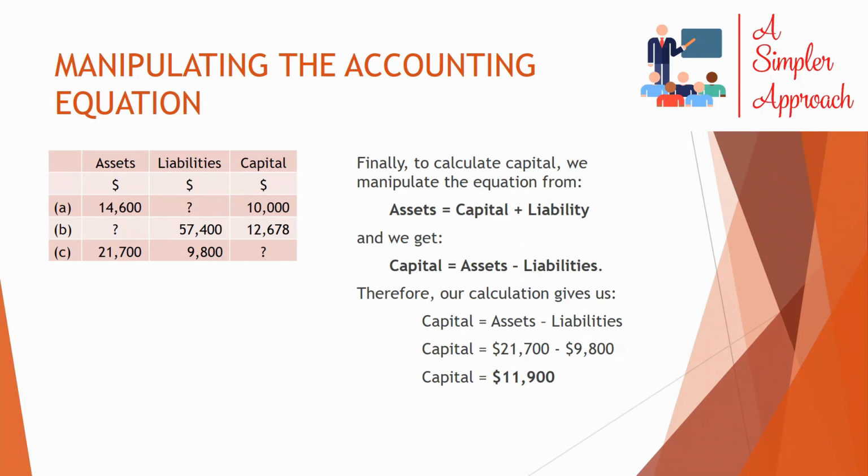And that is how we get capital equal assets minus liabilities. It has to change. That's the only way the calculation will make sense. So doing this, we get assets 21,700 minus liabilities of 9,800 gives us our capital of 11,900.